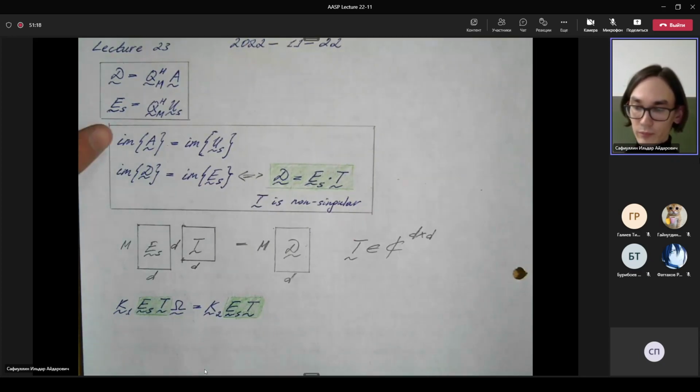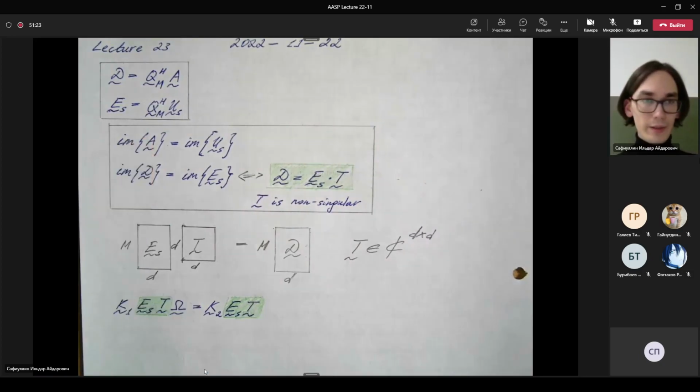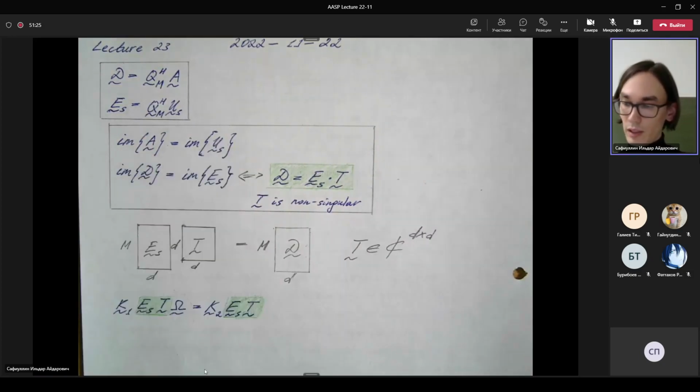Then we show that the columns of A are connected with the columns of our original signal subspace, and the columns of the transformed array steering matrix are connected with the transformed signal subspace.